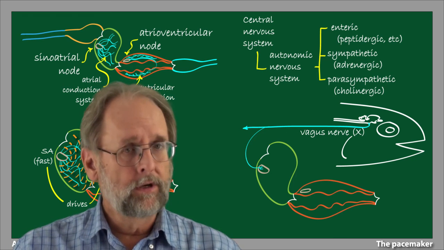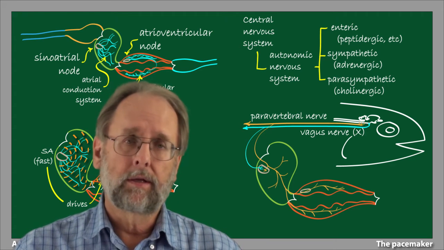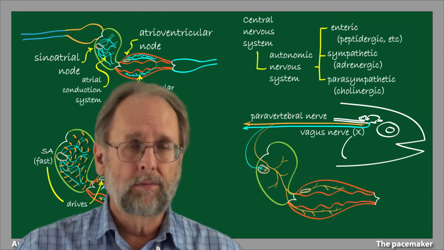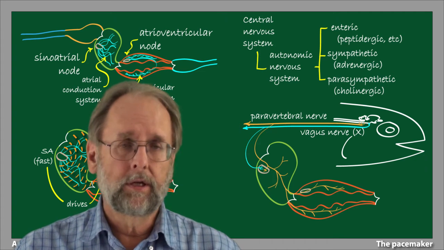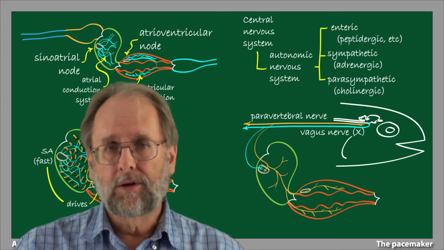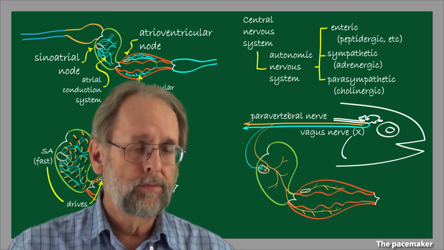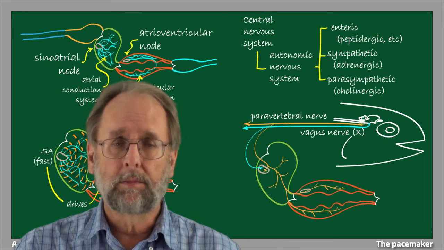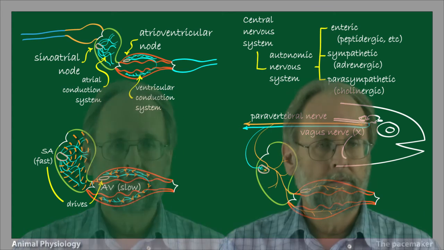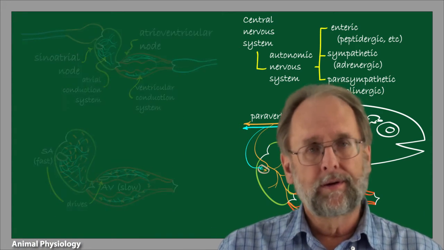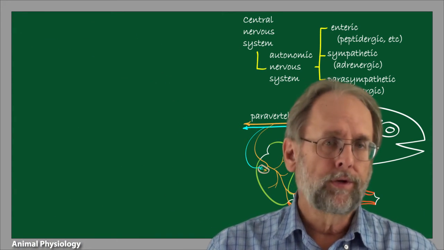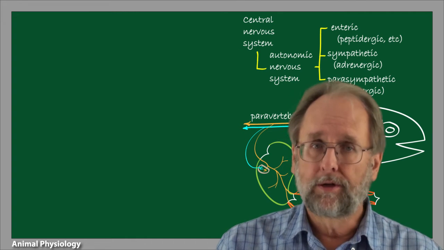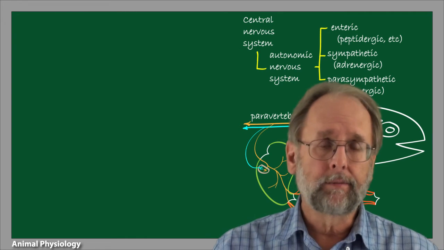The sympathetic nerves arise from lower in the spinal cord and extend throughout the body in large paravertebral nerves. These also send out branches to the various parts of the body, including the sinoatrial node and the heart muscle itself. These two divisions of the autonomic nervous system control the heart by modulating the heart's intrinsic rhythmic contractility.